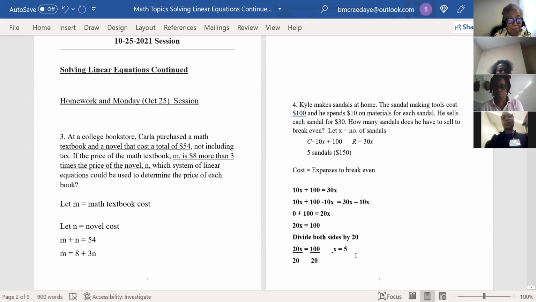Then how many would he have to sell to make a profit? What's the minimum? If 5 is where he breaks even, what's the minimum number he'd have to sell to make a profit?